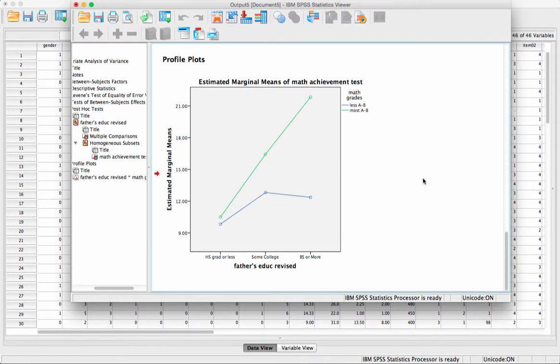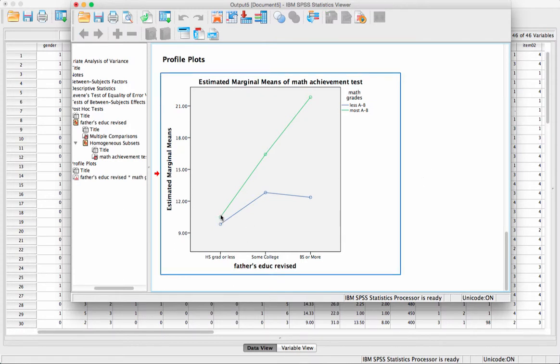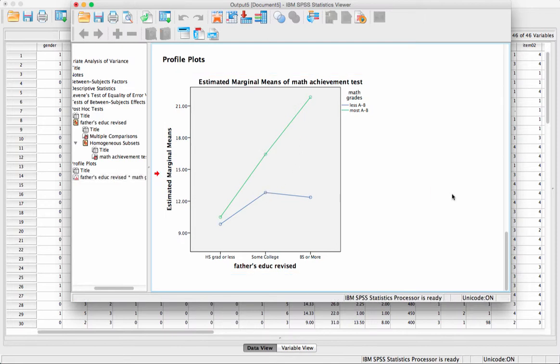So what we can say is that there may not be a significant difference between this set of means, but is there a significant difference between this set and this set? And we can't tell that from the analysis that we've just done.